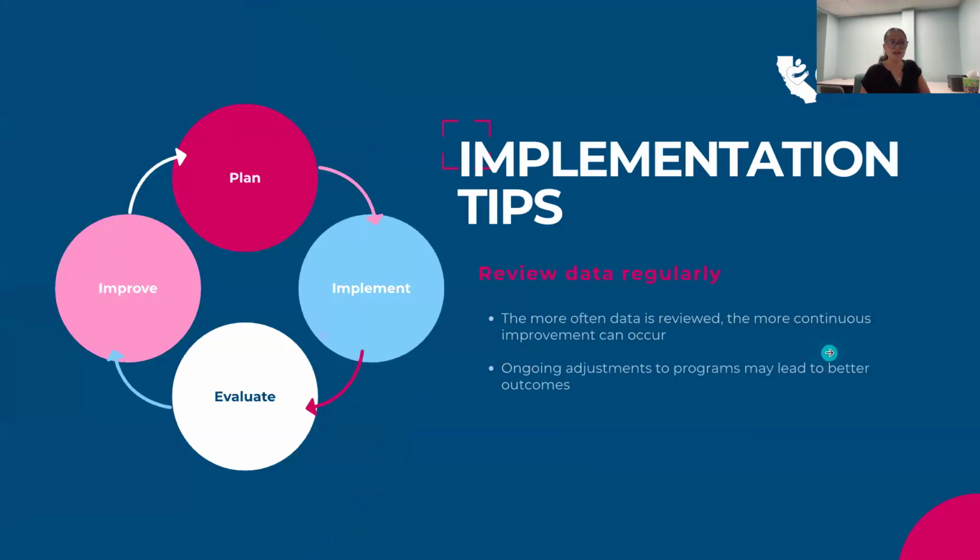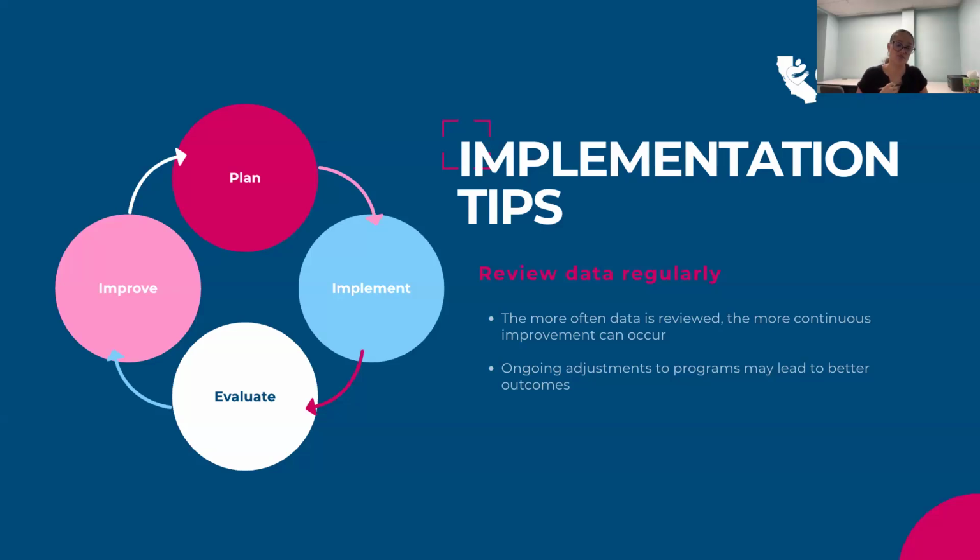And then lastly is reviewing data regularly. So obviously, the more often your data is reviewed, the more continuous improvement can occur. So you want to plan, implement, evaluate, and improve constantly.